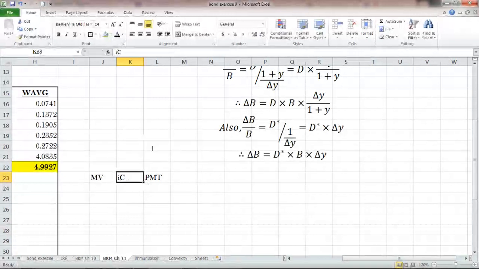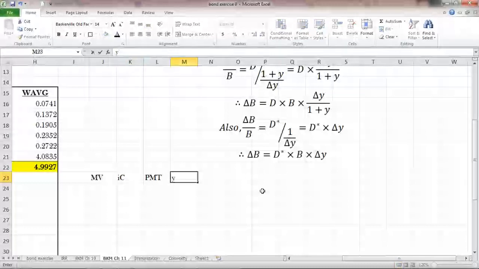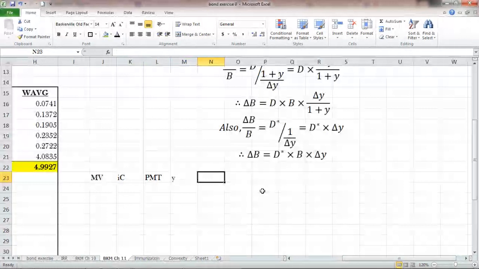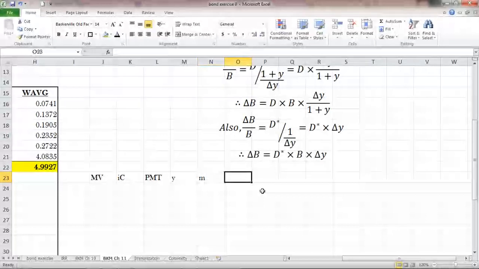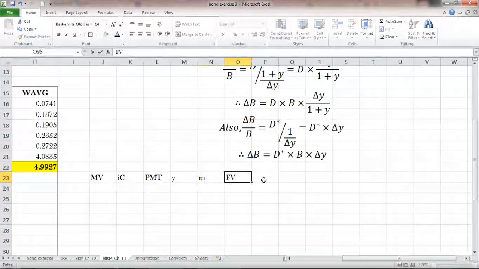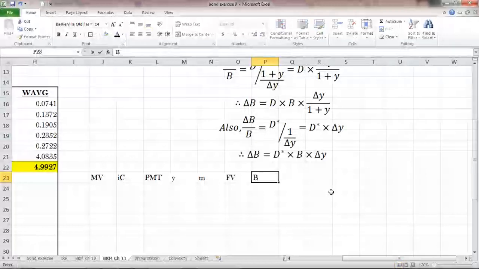I'll just leave it like that. I don't have time to. And then yield, and then compounding frequency, and then let's write future value of all of those, and then present value of the bond price. Okay.